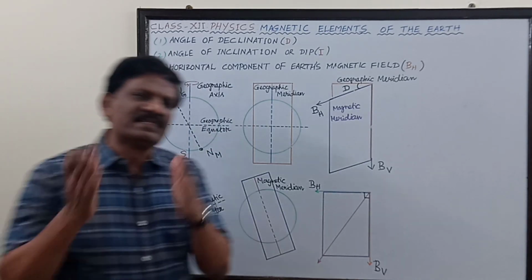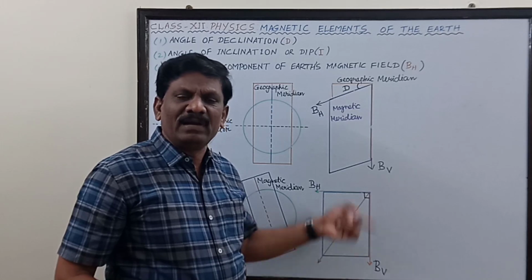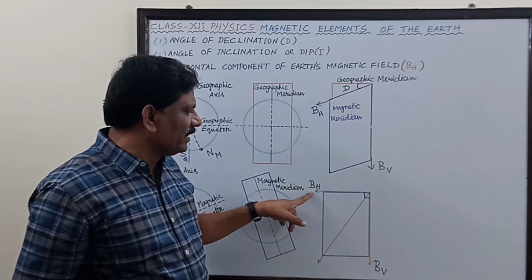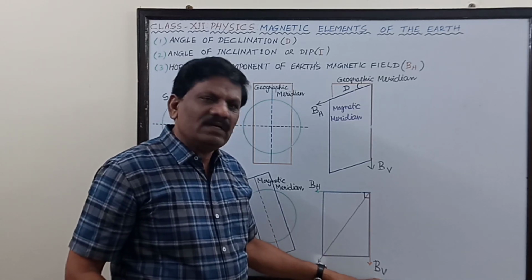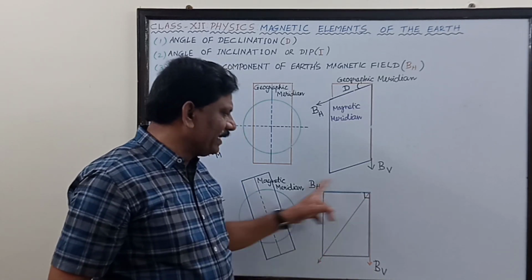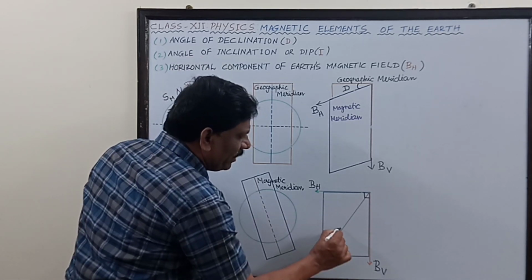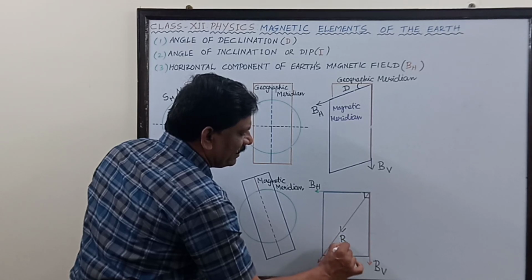Now, how will you find the resultant of two vectors acting at a point using the parallelogram law or triangle law of vectors? One is acting along the horizontal direction, another one is acting along the vertical direction. So the diagonal of this rectangle will be equal to what? The resultant magnetic field of the earth, that is BE.